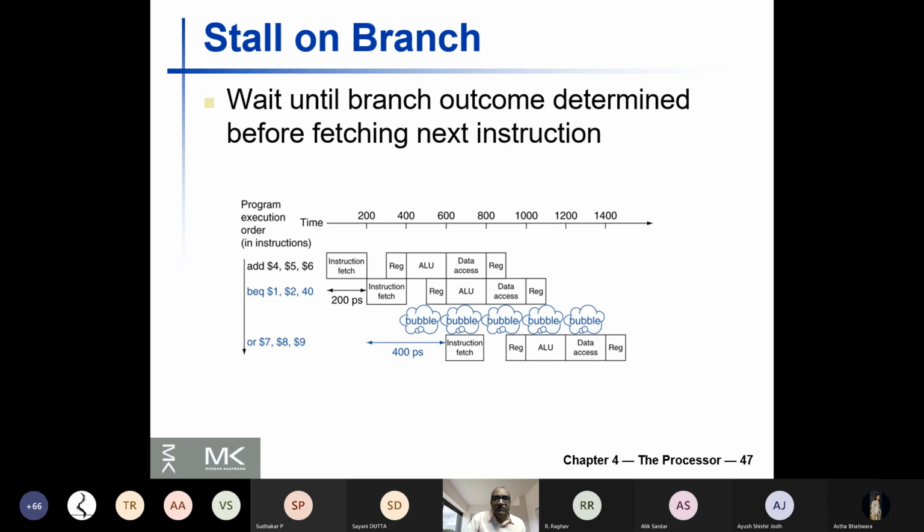Suppose there are no branch instructions, then all instructions will be executed successively in every pipeline slot, right? Whereas if about 17% are branch instructions, then for every branch instruction we need to wait. That means one additional pipeline slot, one clock cycle, is required for every branch instruction.